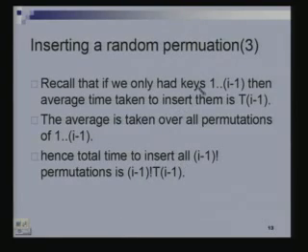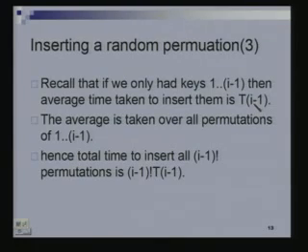Okay. So, suppose I had only i minus 1 keys, 1 through i minus 1. Then the average time taken to insert these keys is T of i minus 1, this is what we define T of n as. This average is taken over all the permutations of 1 through i minus 1. So, the total time taken to insert all these i minus 1 factorial permutations is just i minus 1 factorial into T of i minus 1.